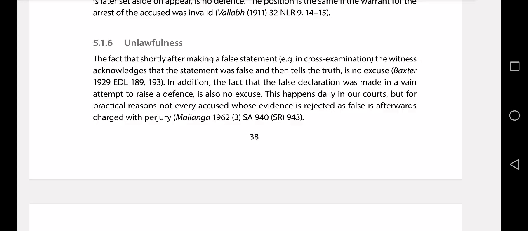In addition, the fact that the false declaration was made in a vain attempt to raise a defense is also no excuse. This happens daily in our courts, but for practical reasons, not every accused whose evidence is rejected as false is afterwards charged with perjury.